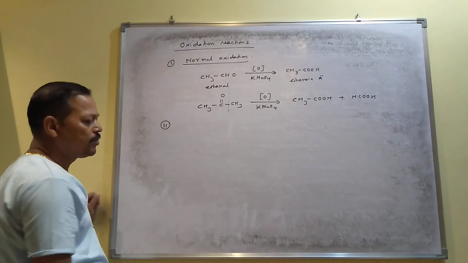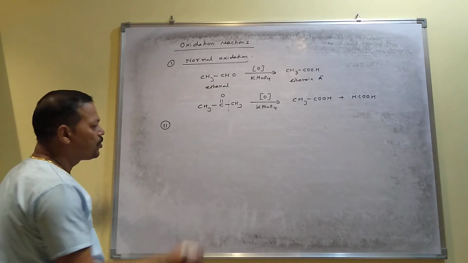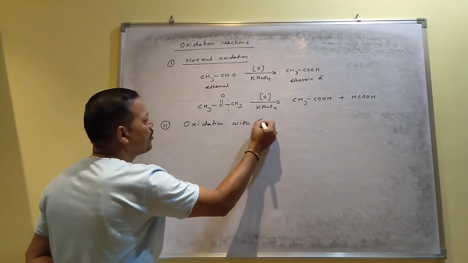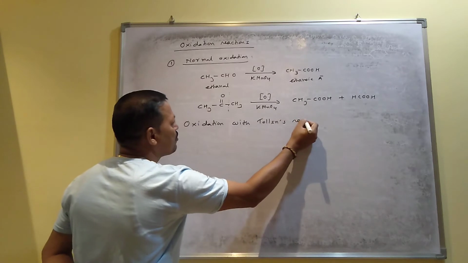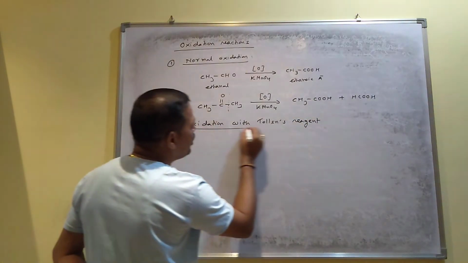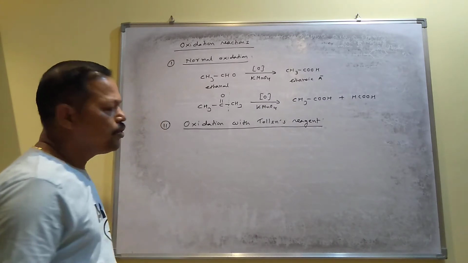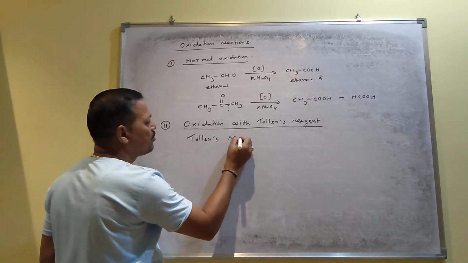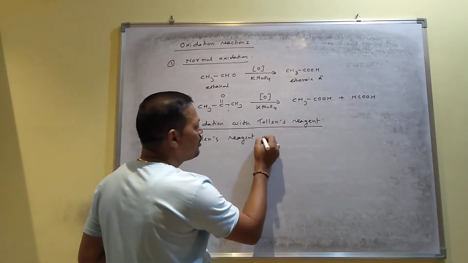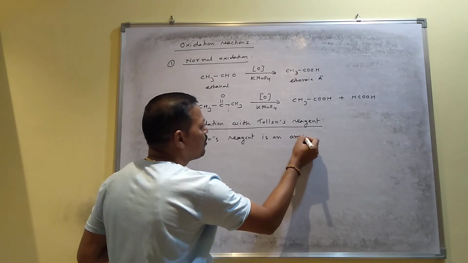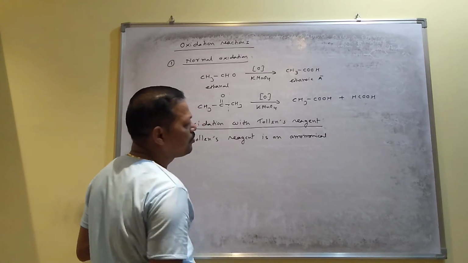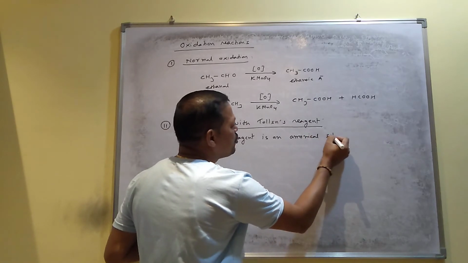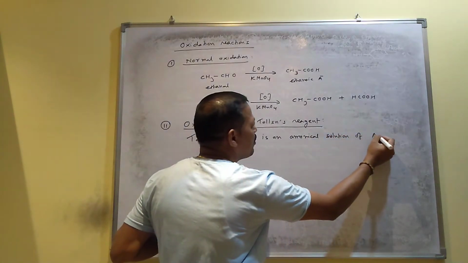Number 2, this is also one example of oxidation reaction. Oxidation with Tollens reagent. Do you know what Tollens reagent is? Tollens reagent, this is very, very important. Tollens reagent is an ammoniacal solution of silver nitrate.